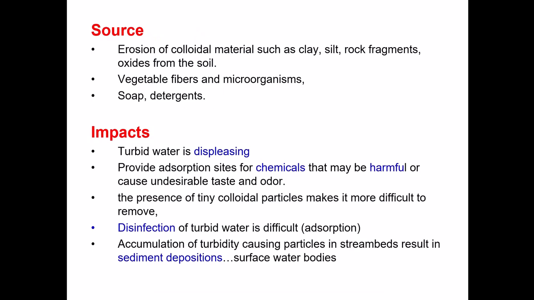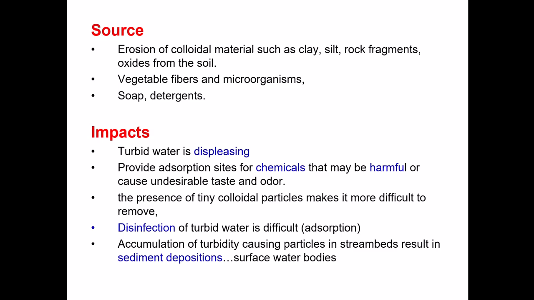And if we talk about sources, let's talk about the main sources of turbidity in water. First, turbidity can come from the erosion of colloidal materials like clay, silt, rock fragments, and oxides from the soil. Second, it can come from vegetable fibers and microorganisms. And finally, chemicals like soap and detergents can also contribute to turbidity. And if we talk about the impacts of turbidity, first, turbid water is simply unpleasant to see and use.